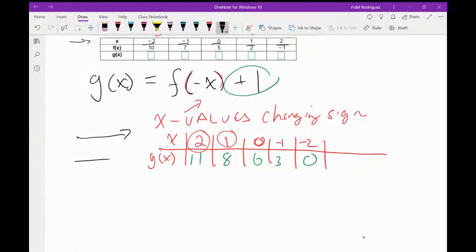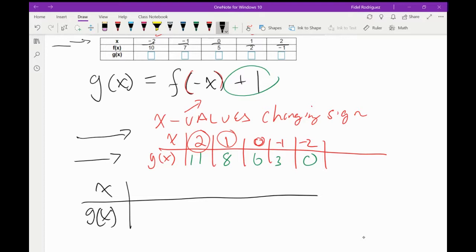The only thing I'm going to notice is when I look at the chart they gave me, look at how the x values are written. The -1s come first, and then 0 and +1, +2. I don't necessarily have that here. So let me make a new chart and write it the way this one up here is written.